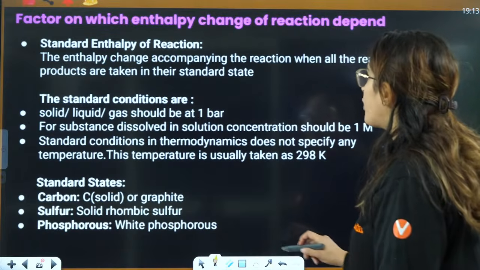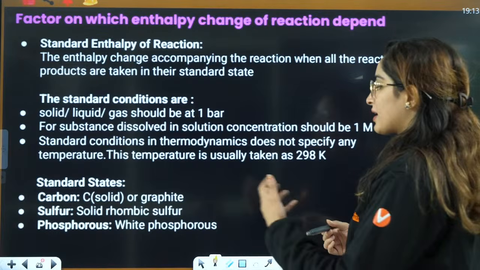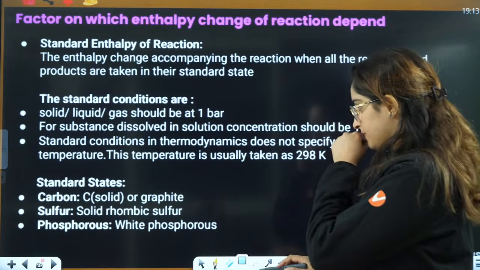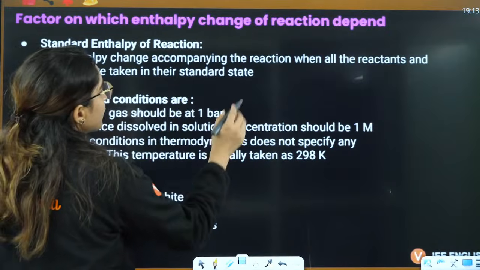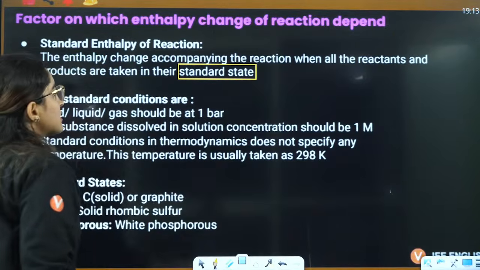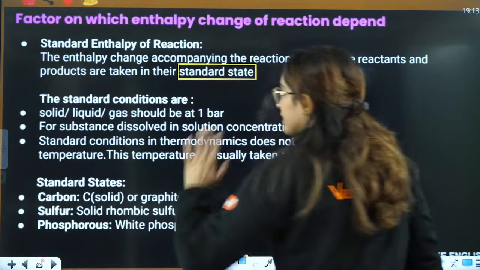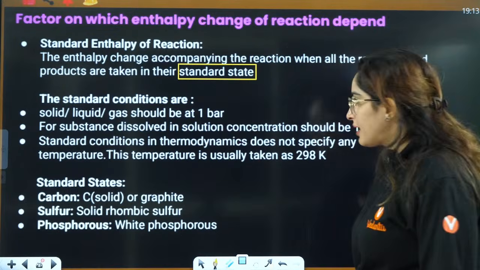Now let's talk about standard enthalpy. What is standard enthalpy? What are standard conditions? Standard enthalpy is the enthalpy change accompanying a reaction when all the reactants are taken in their standard state. Standard state means solid, liquid, gas should be at 1 bar pressure.